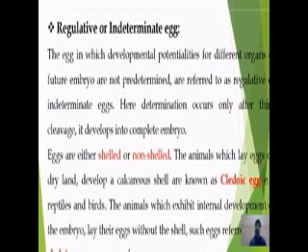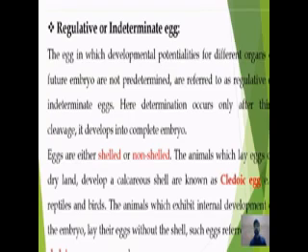So for the protection of the growing, developing embryo inside, a calcareous shell is present. Such eggs are known as cleidoic eggs, and this type of egg is generally found in reptiles and birds.